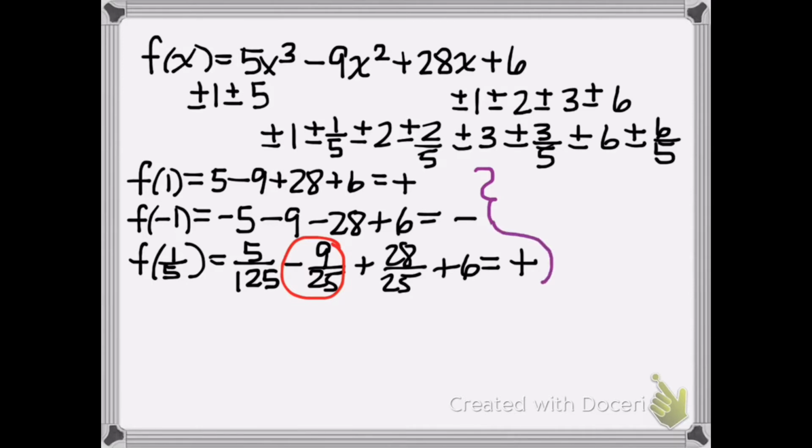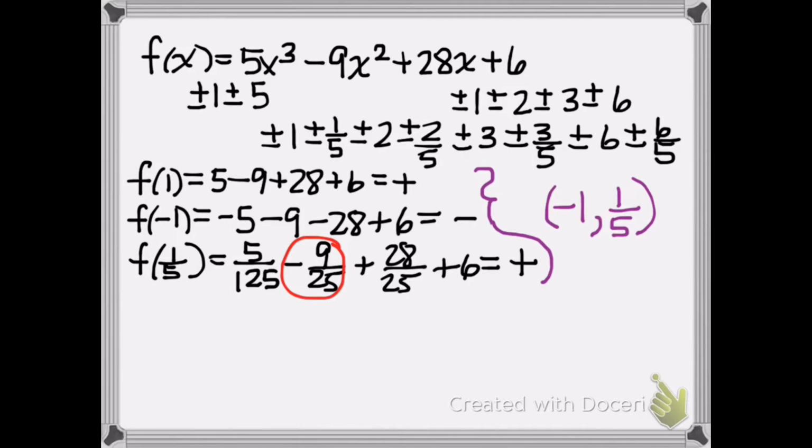Now with all of these, just stop and consider a moment. Can you tell what the interval is where there will be an x-intercept? Okay, so that'll be between negative 1 and 1/5, because f of negative 1 is a negative value, f of 1/5 is a positive value, so there has to be a 0 somewhere in there.